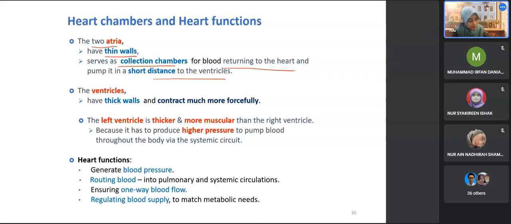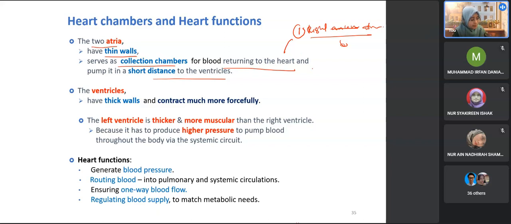Okay, returning to the heart, kalau right atrium, return daripada mana? Return daripada systemic circuit through the vena cava.